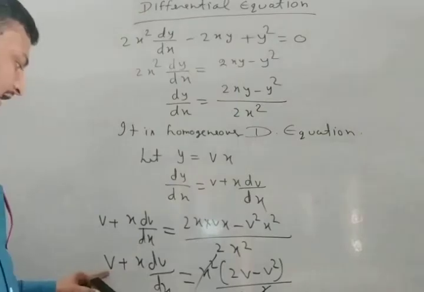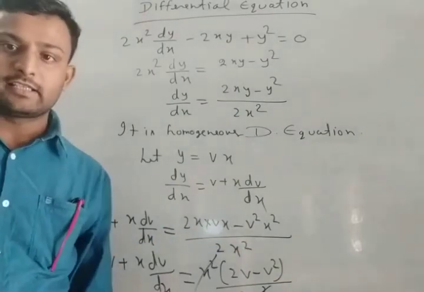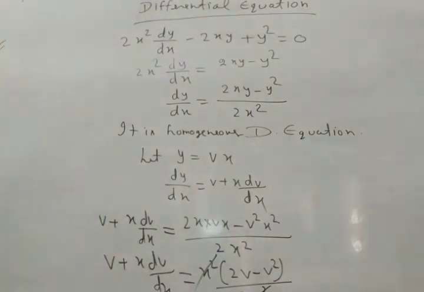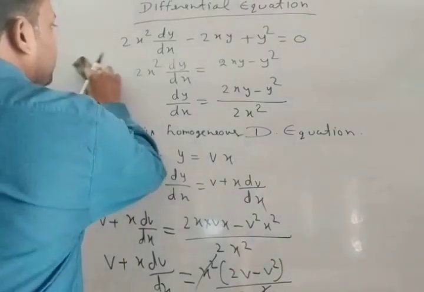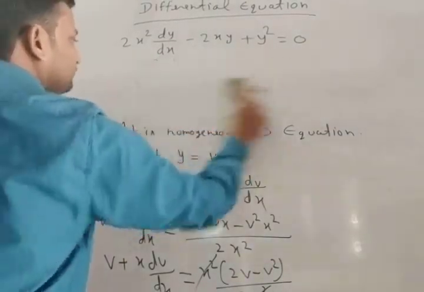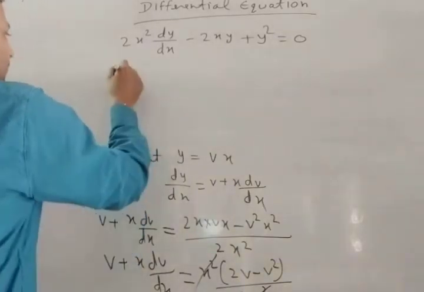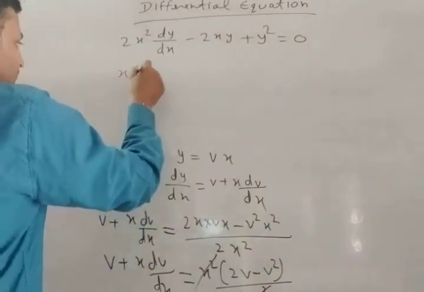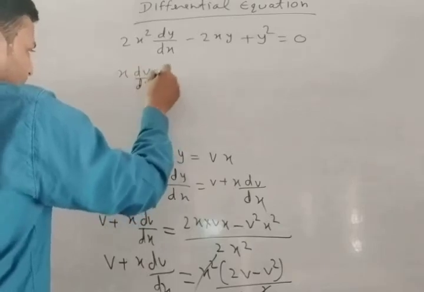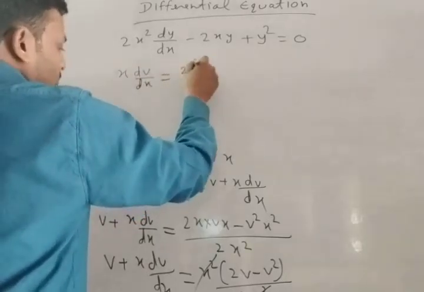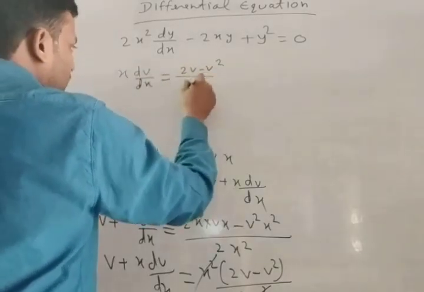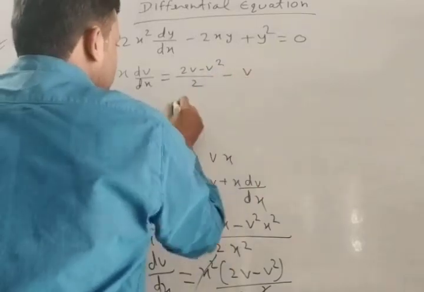Now we send this v to the right hand side and we will further solve it. We get x dv by dx is equal to 2v minus v square by 2 minus v.